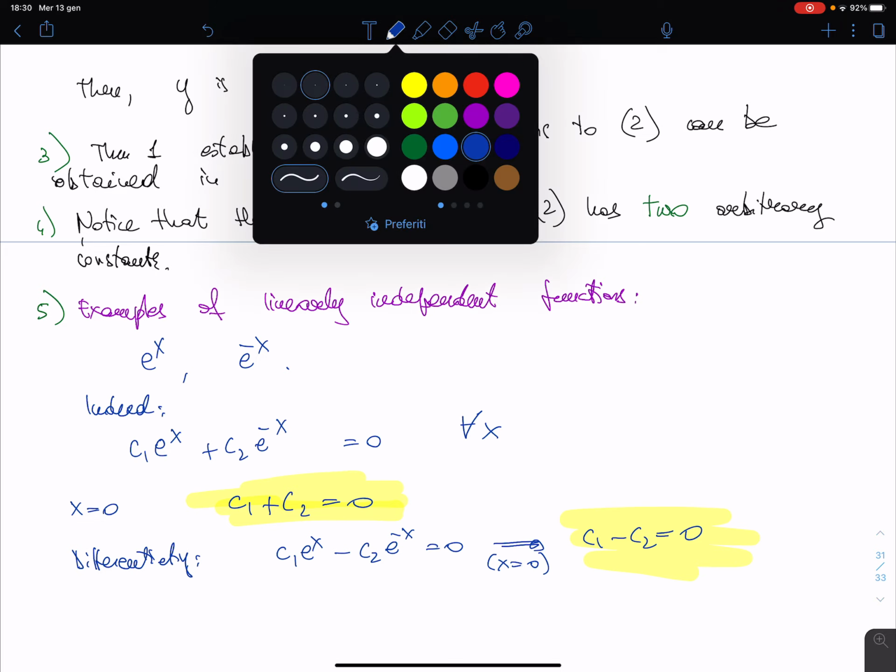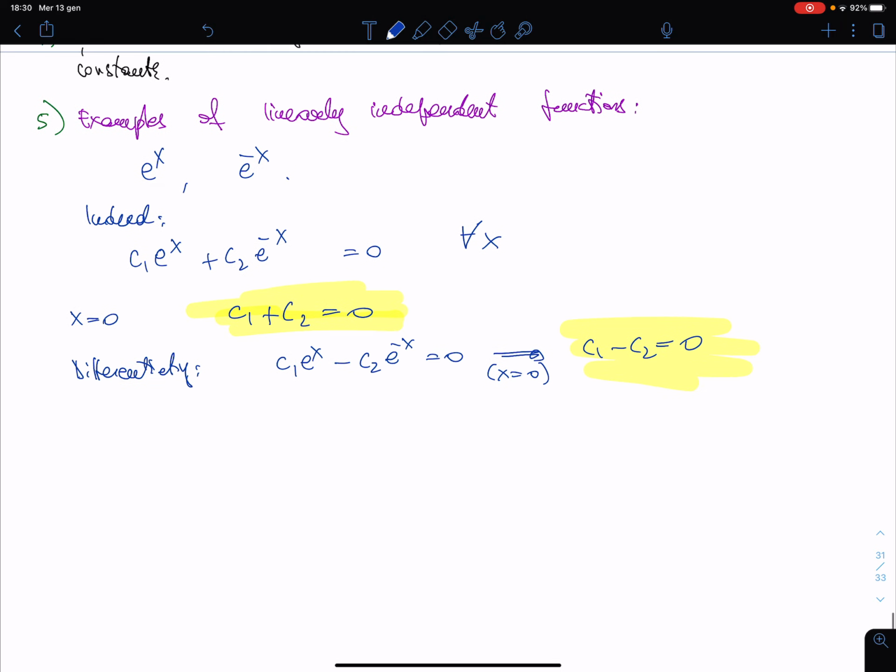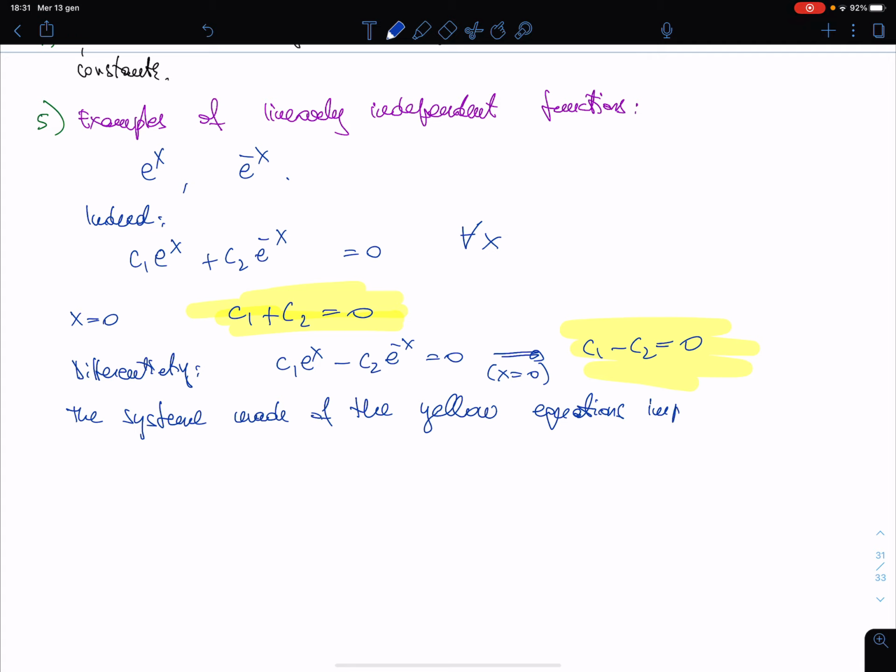The system of these equations can be solved only by c1 equal to c2 equal to 0.